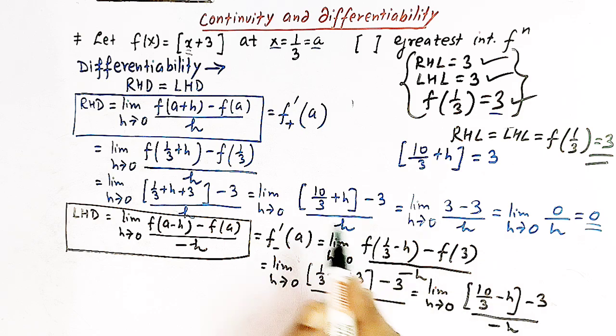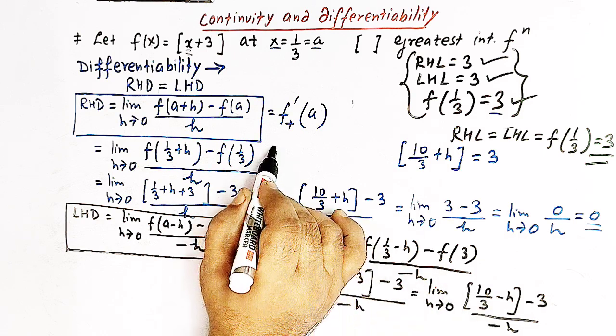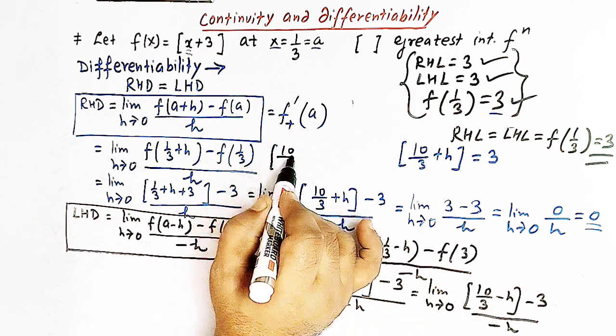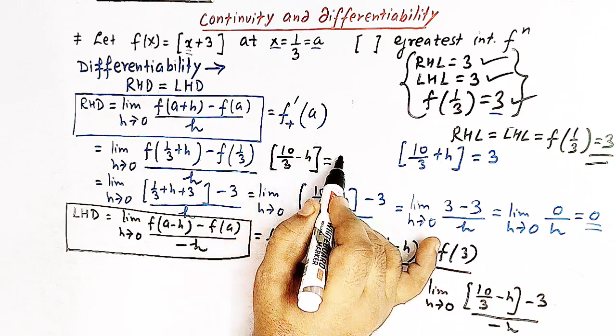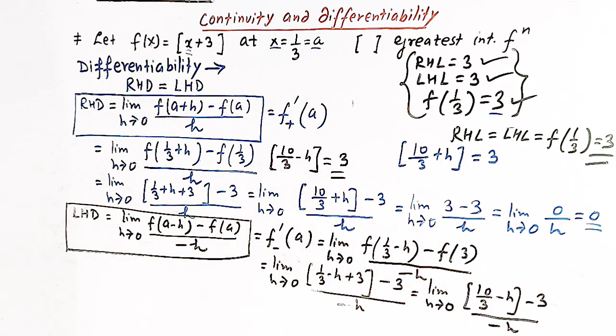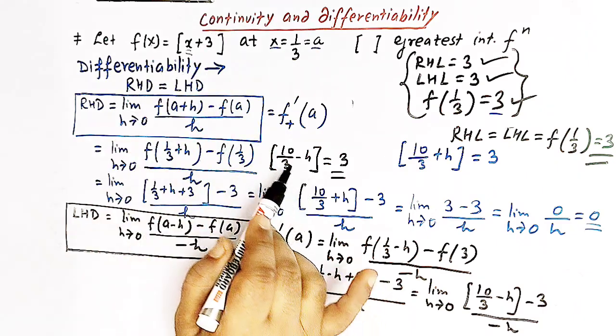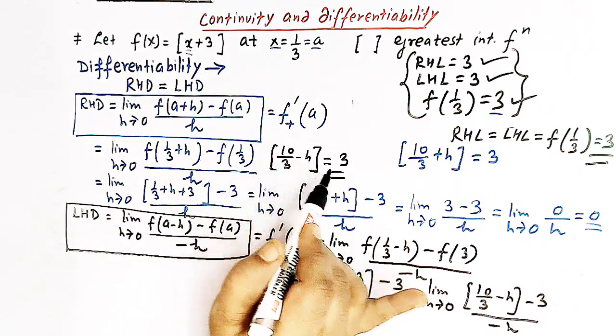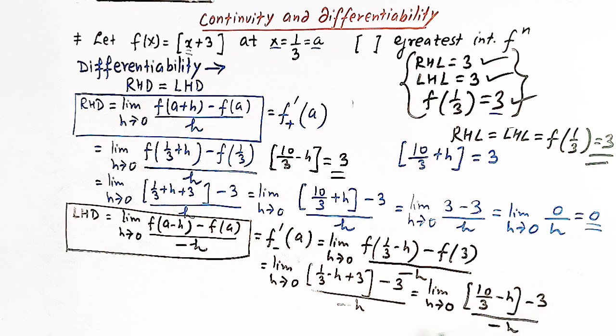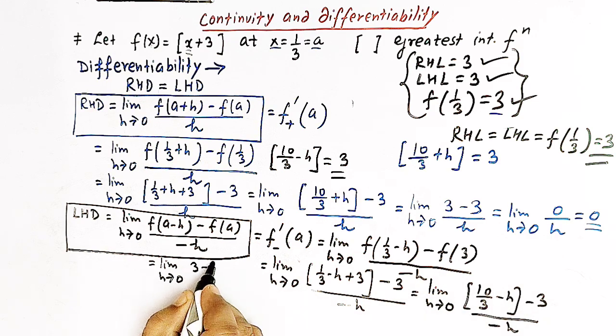We have seen while proving the continuity that the greatest integer of 10 over 3 minus h is equal to 3. So now we can write the limit h tends to 0 of 3 minus 3 over minus h.